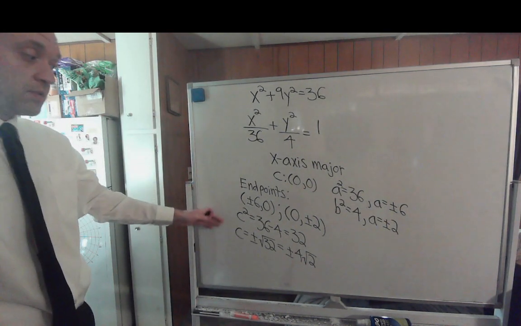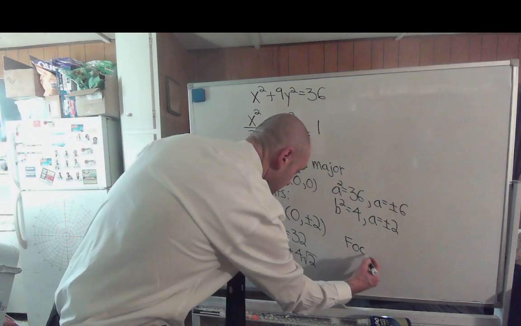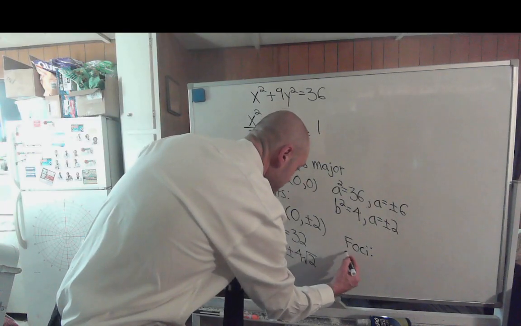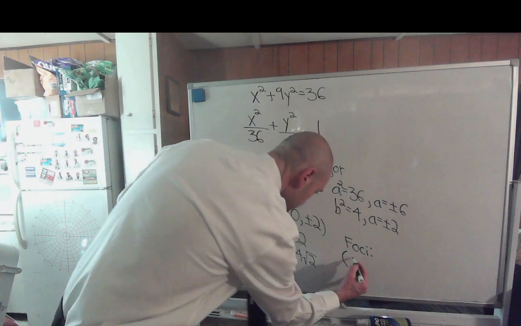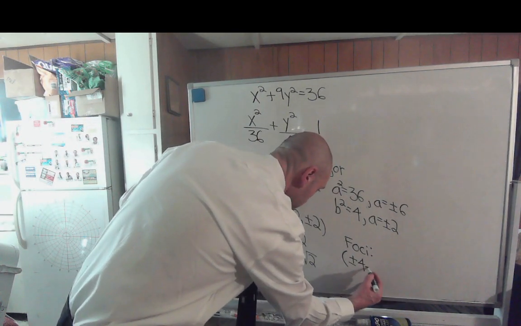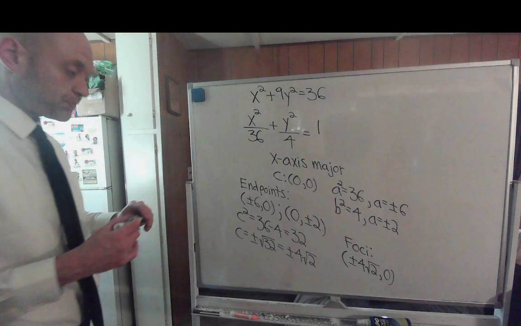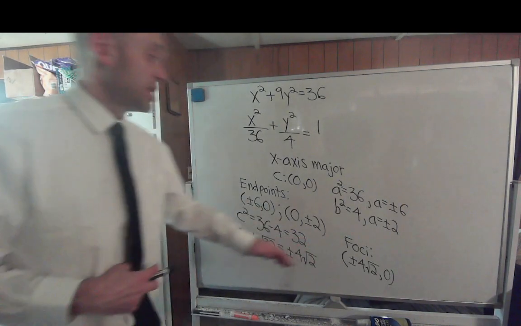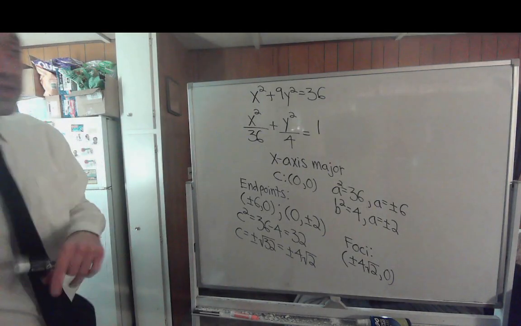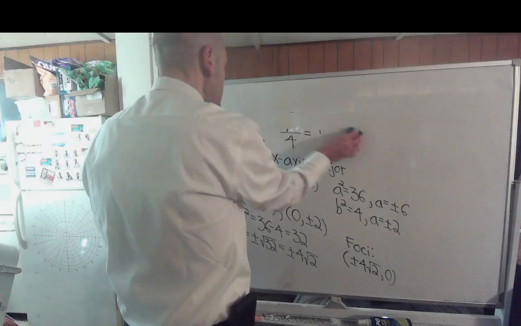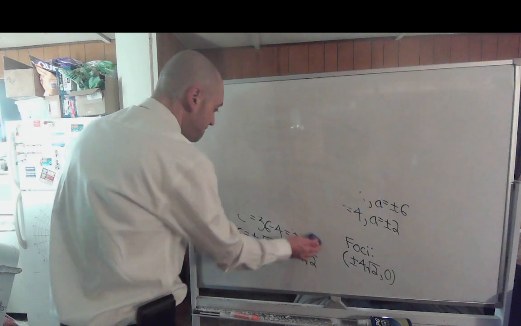And the foci, once again, are always based off the major axis, so if the x-axis is major, I'll add and subtract these from the x-coordinate of the center, giving me plus and minus 4 times the square root of 2, then 0. So there are my foci. The biggest thing is getting this into standard form. Okay, that one was fairly easy. Now let's do some ones that are a little bit harder.